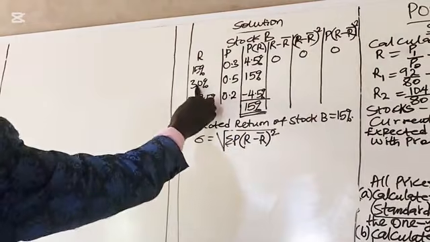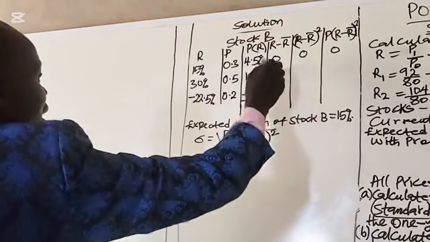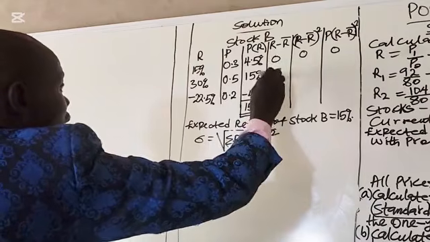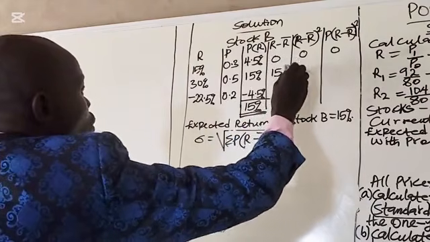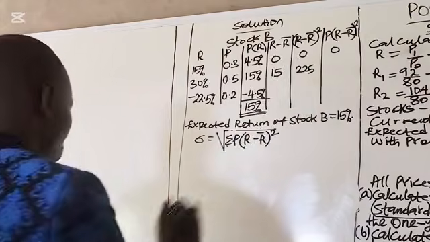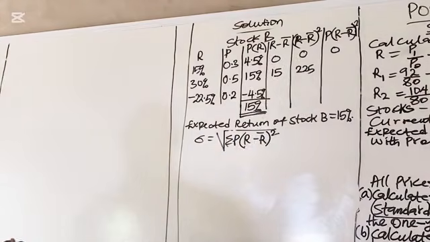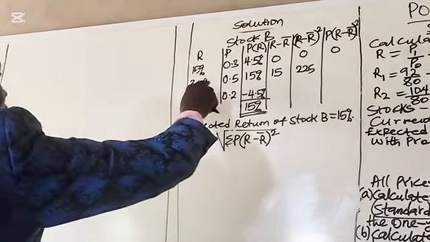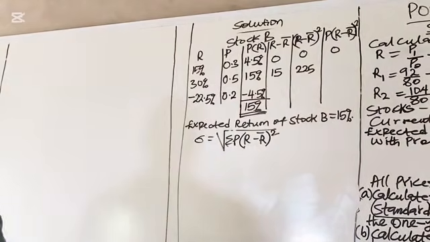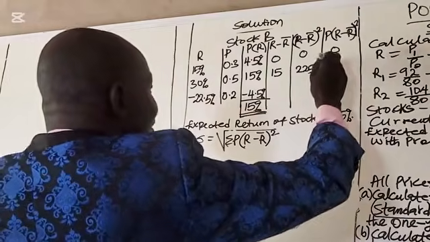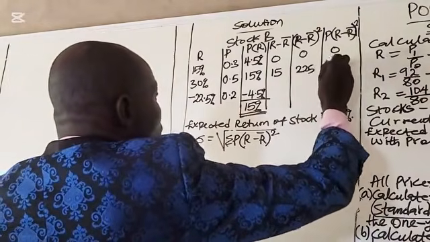Then for this, 30 minus 15 is 15. The square of 15 is 225. 225 times the probability of 0.5 is 112.5.